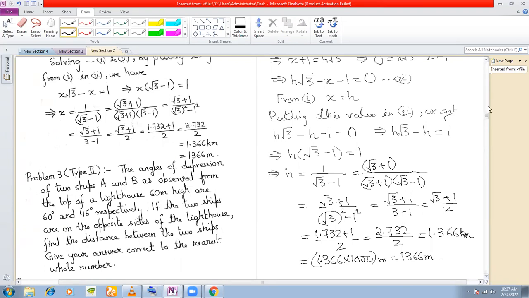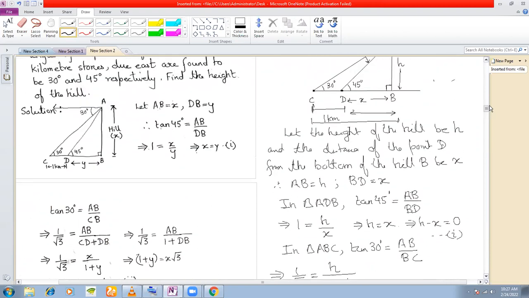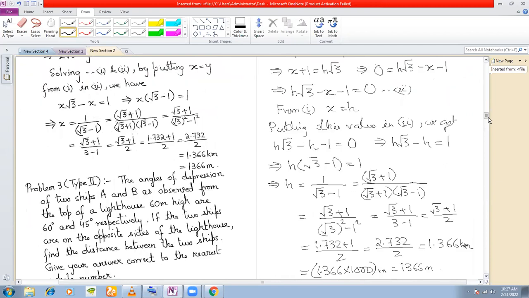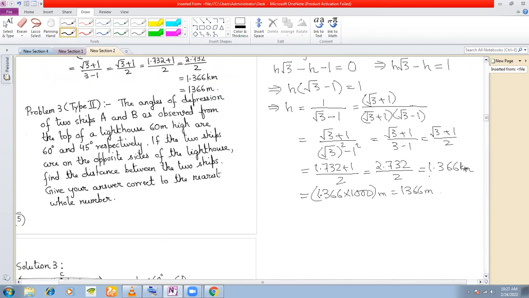Now in this question, see, they have simply asked you to find out the height of the hill. They have not asked you correct to 2 or 3 decimal places. If they ask you correct to 2 decimal places in this question, then if you are working out till 2 decimal places, this will be equal to 1.37 kilometers, right? Correct to 2 decimal places.